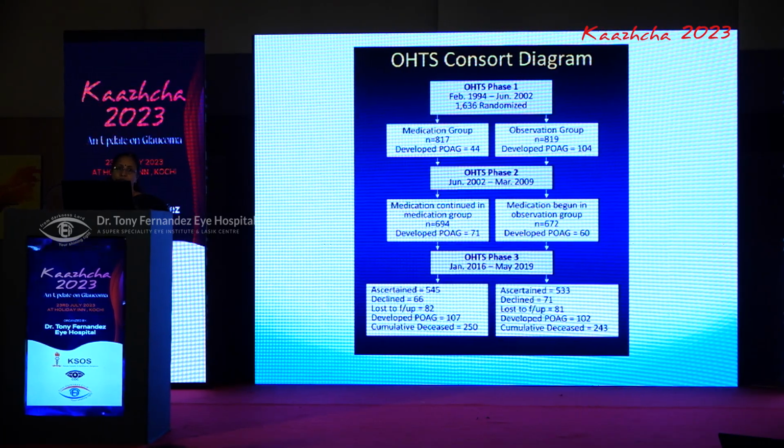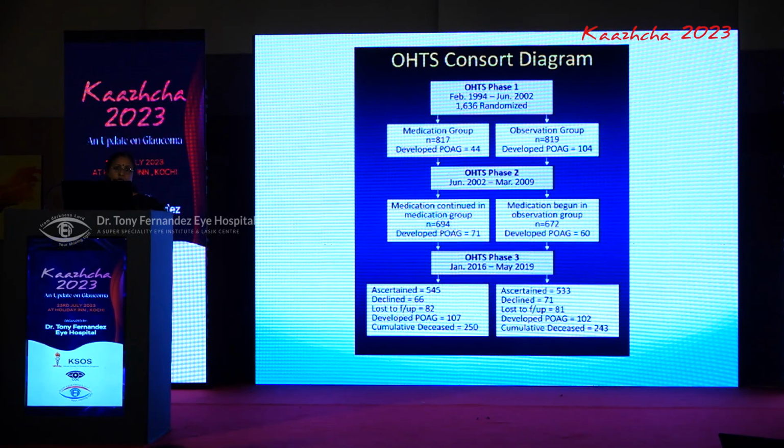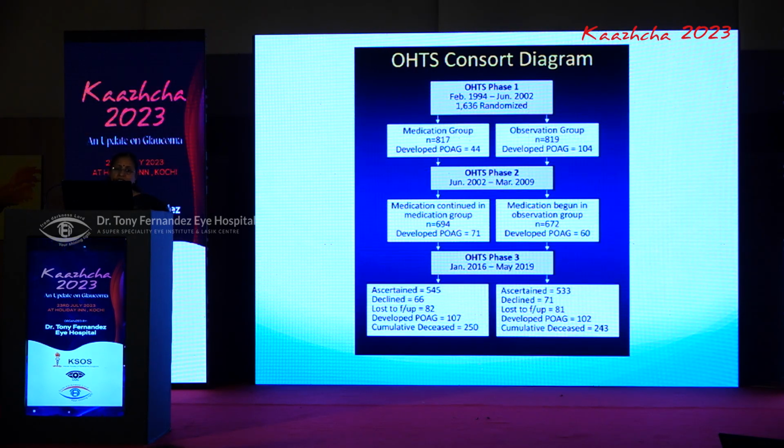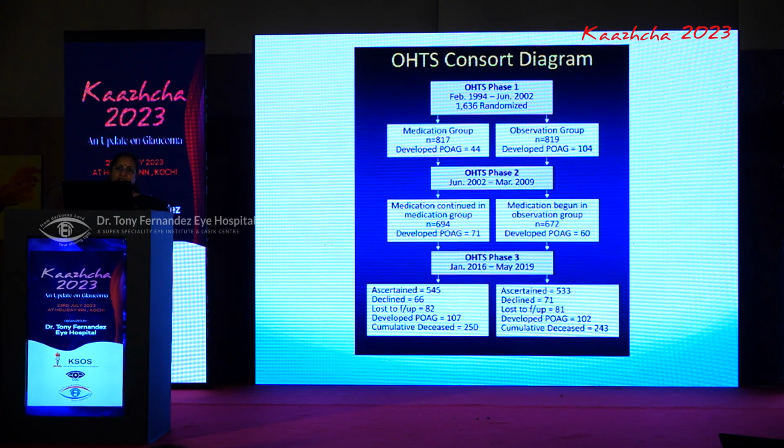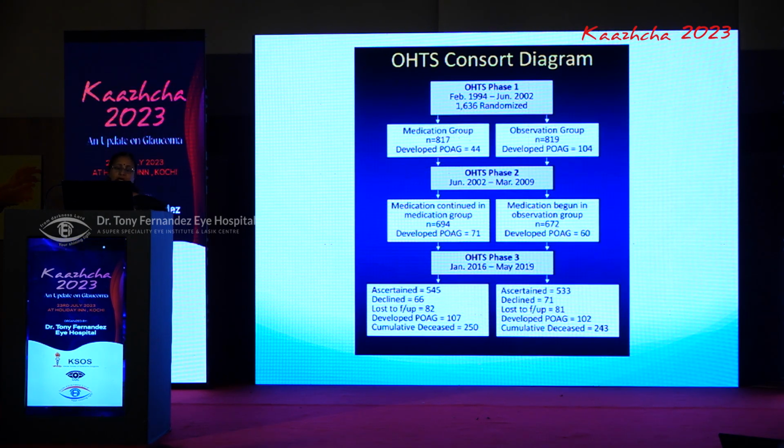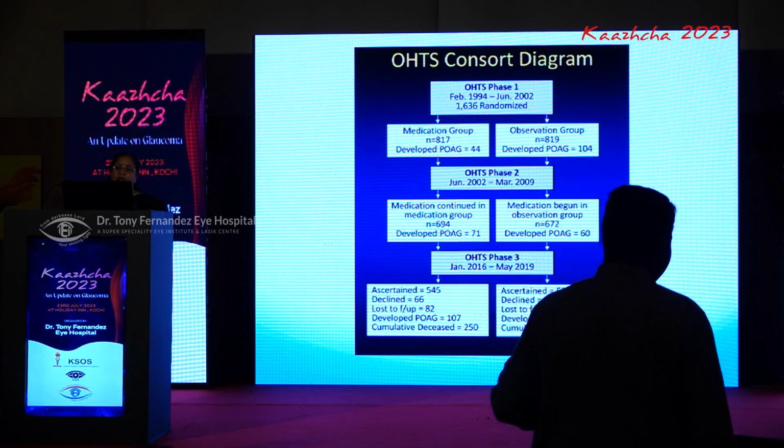So the OHTS is the common study that we all know of. It had 3 phases. It started in 1994, and the first phase was for 7.5 years, in which 36 patients were randomized to a medication group and an observation group.